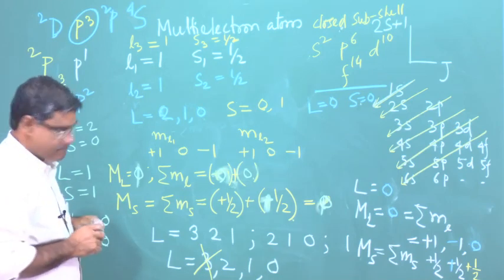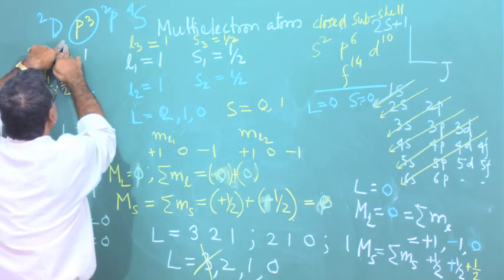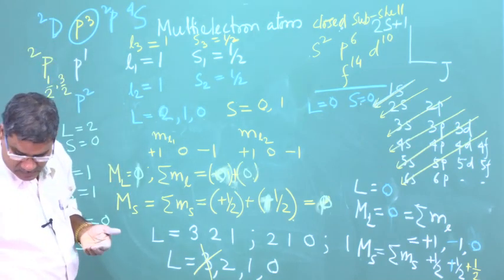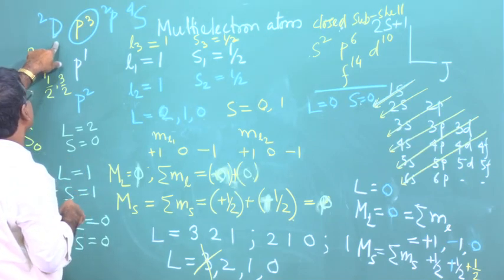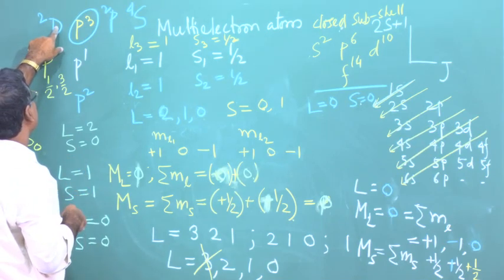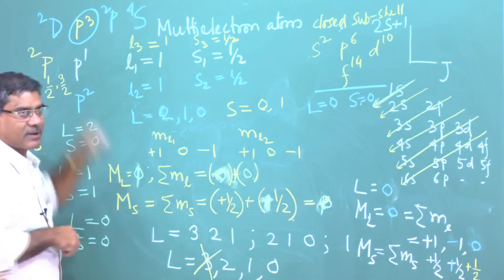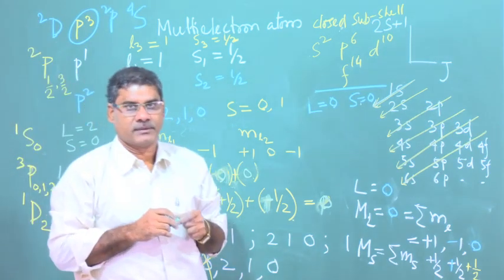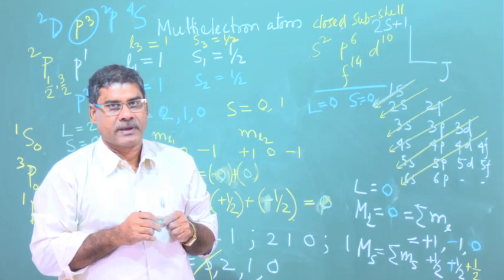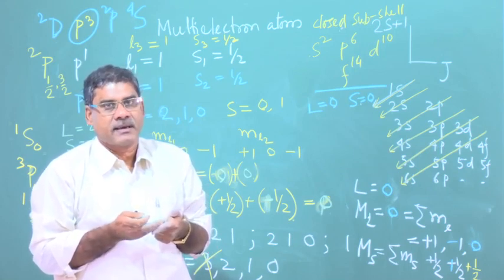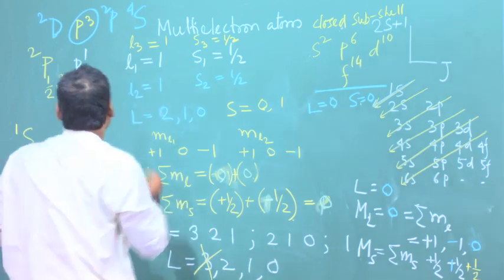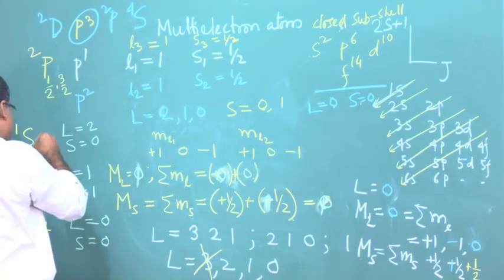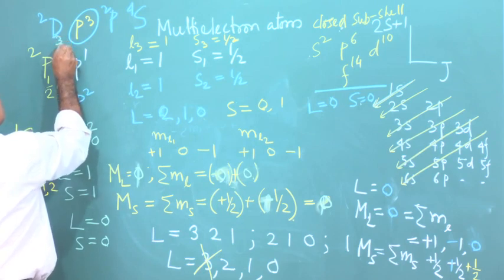Now, what will be the J value? Here L equal to 2 and S equal to half. Then obviously J will be 3 by 2 and 5 by 2.